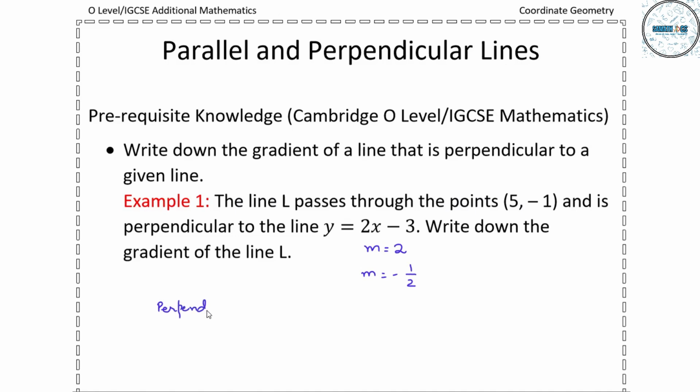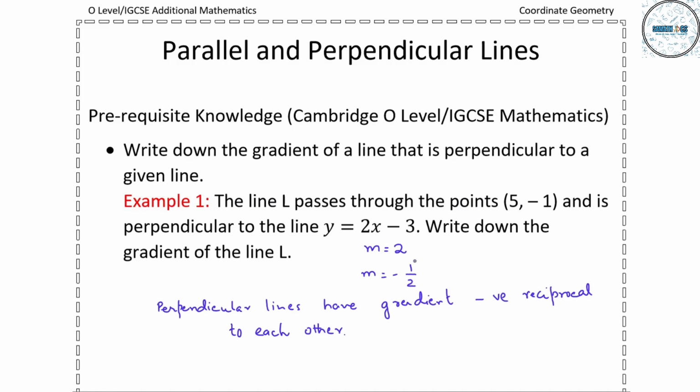Perpendicular lines have gradients that are negative reciprocal to each other. If it is positive, then it is to be negative.